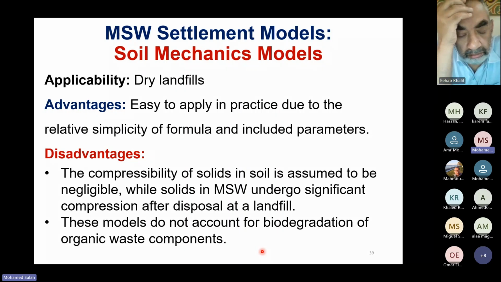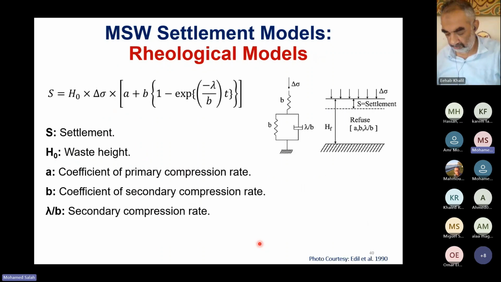Also, these models do not account for biodegradation of organic waste compounds. They maybe account for creep at the different stages, but the absolute value of settlement due to biodegradation is not considered.